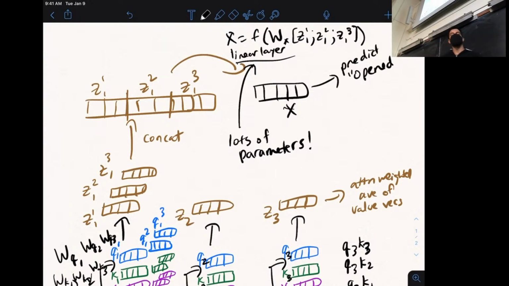So yes, there is a nonlinearity. In particular, this F here, this new paper says to use the squared ReLU, and it makes things a lot easier to train.